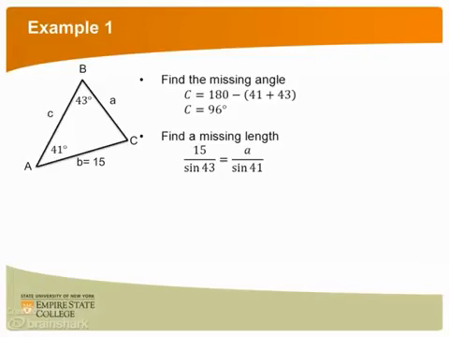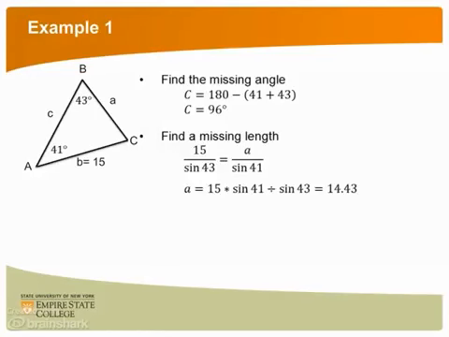We have a completed ratio, as we know both little b and the measure of angle B. This gives us our first fraction, 15 over the sine of 43 degrees. We set that fraction equal to little a, the length we are finding, over the sine of 41 degrees.